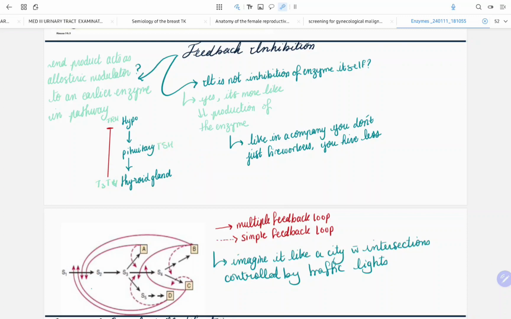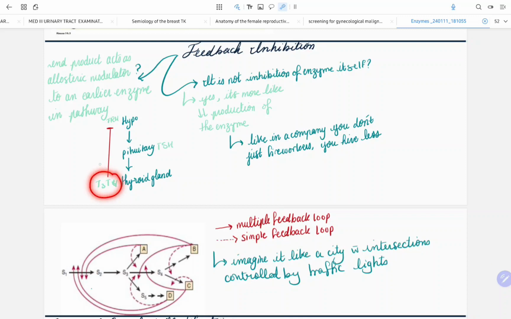So, what happens here is that T3 and T4, when they are released from the thyroid gland, act as allosteric modulators. What did I say allosteric modulators were? They were substances or proteins that act on the enzyme and inhibit it, or change its shape, or deactivate this enzyme, right?